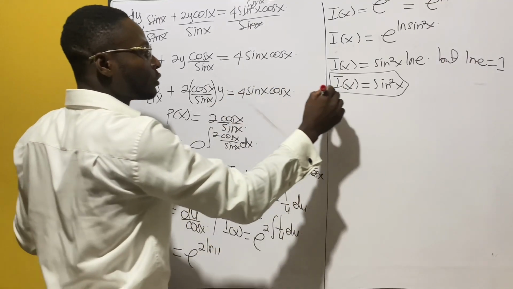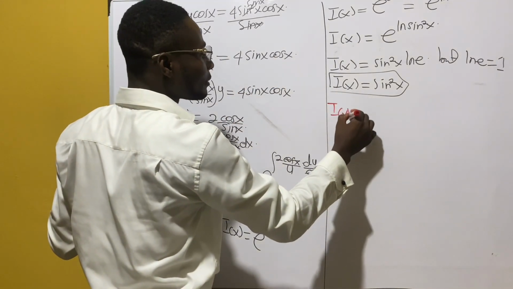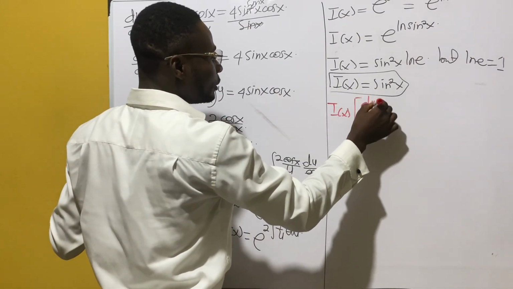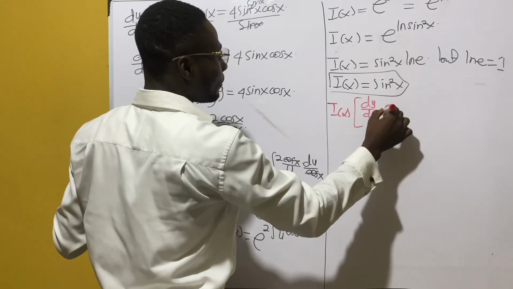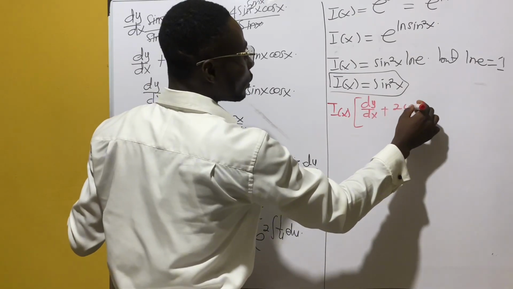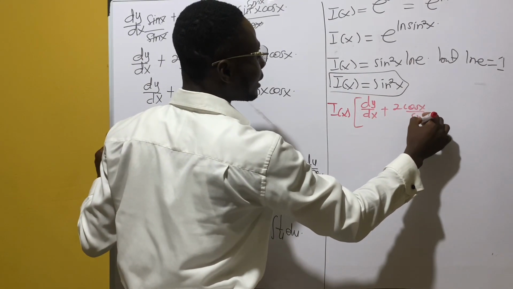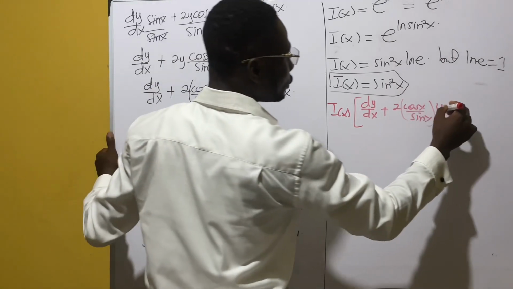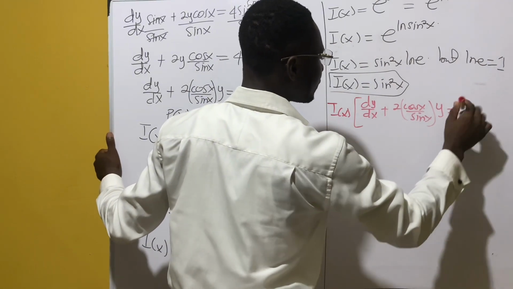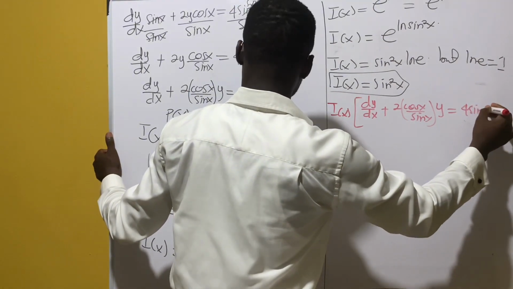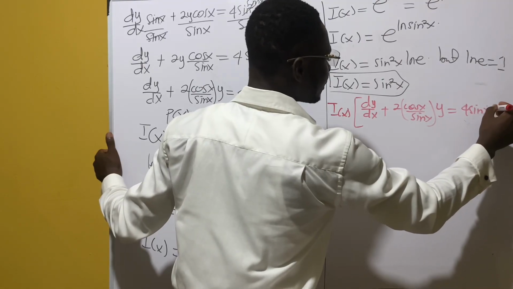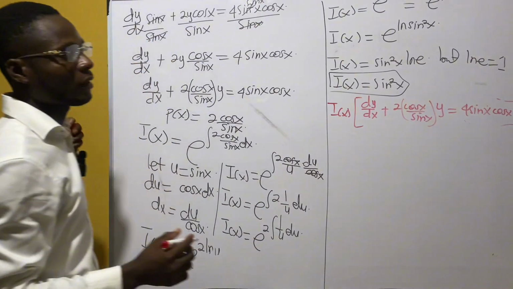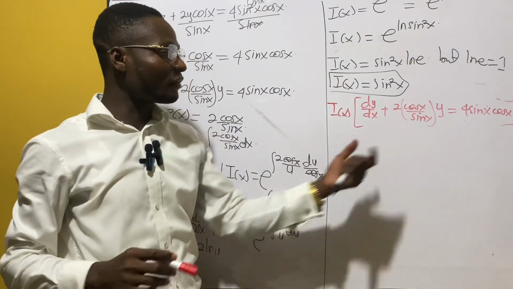So we multiply I of x by the standard form of the equation, which is dy/dx plus 2 cos x over sine x multiplied by y should be equal to 4 sine x cos x, right? So this we have right here.